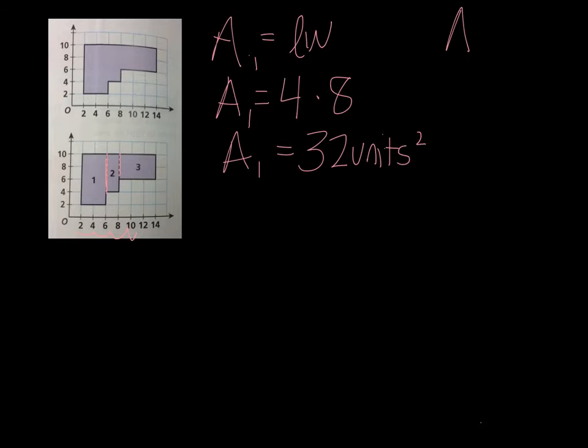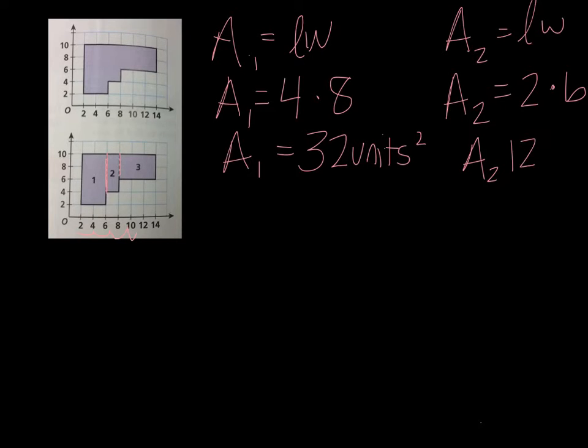So the area of figure 2 is going to be the same, length times width. Area of figure 2 is going to be 2 times, let's see, 2, 4, 6, looks like 6, 2 times 6. So the area of figure 2 is 12 units squared.